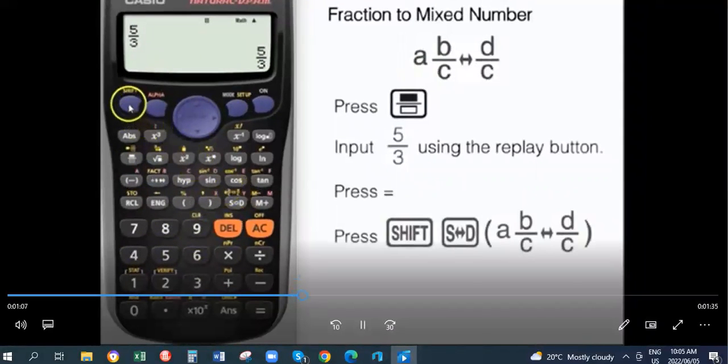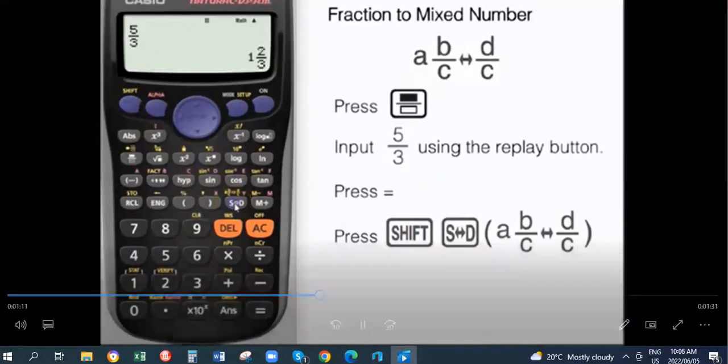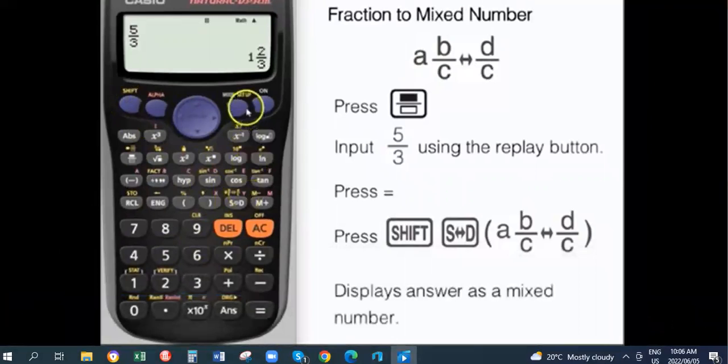To access this, we need to press the shift button and then the SD button. And here we have our mixed number, 1 2/3. If we press shift and then the same button again, SD, we can change that back to the improper fraction, 5/3.